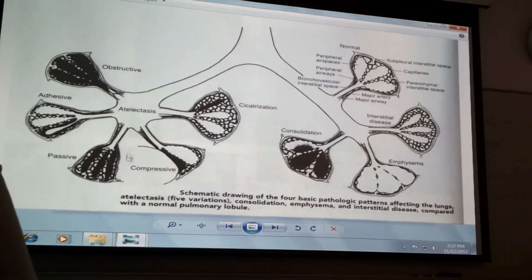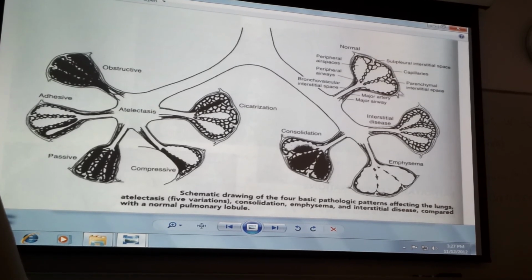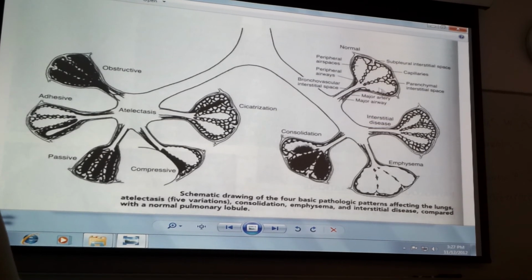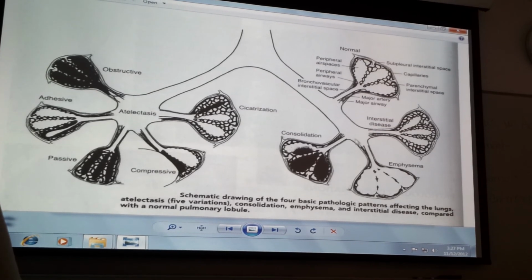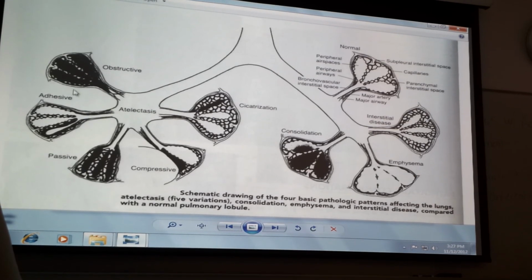Okay, do you remember I gave this sheet out to you just to show you? I just want you to know and be familiar with all the different things that can change the normal appearance of a chest X-ray. These are the things that can cause problems. Airway disease, this is a normal appearing lung. And these are all the types of atelectasis you can have.